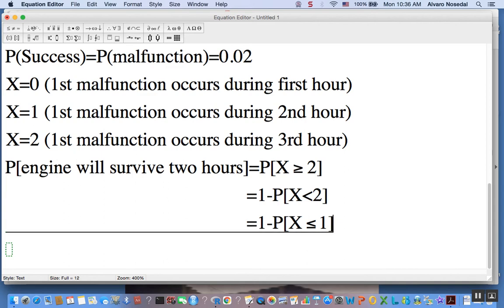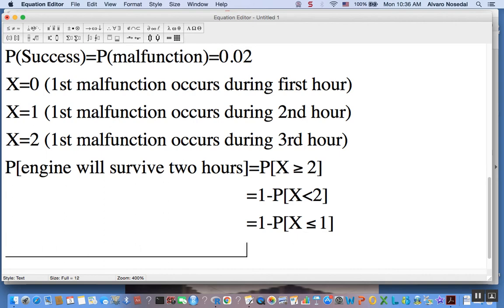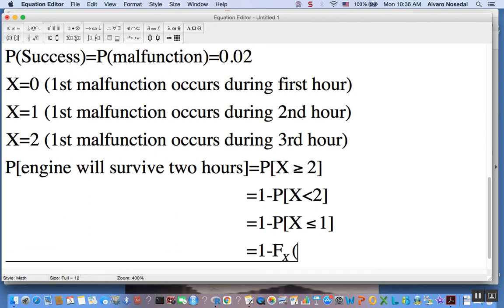Just to be really specific, this is 1 minus the CDF of the random variable x evaluated at 1.